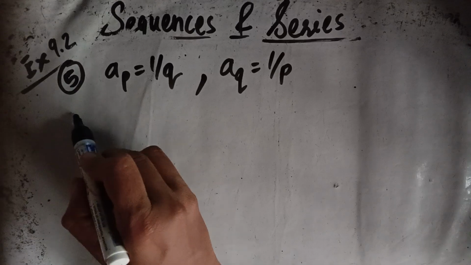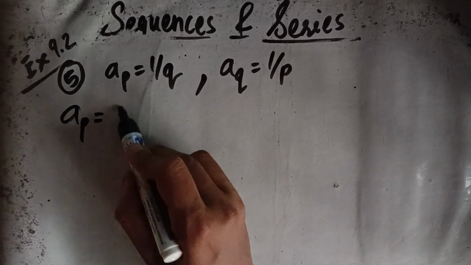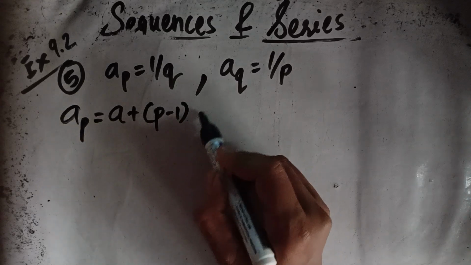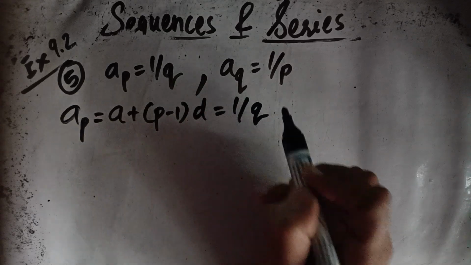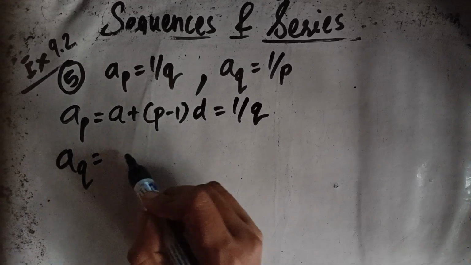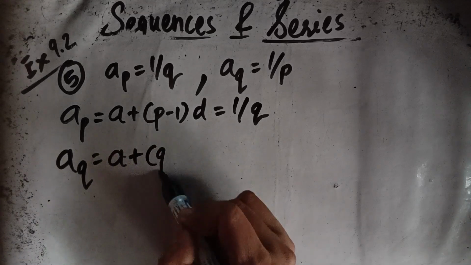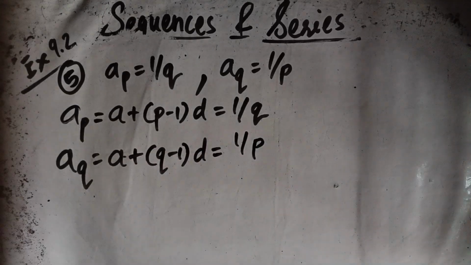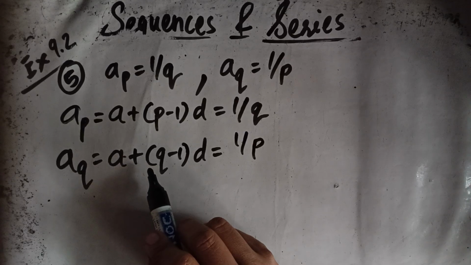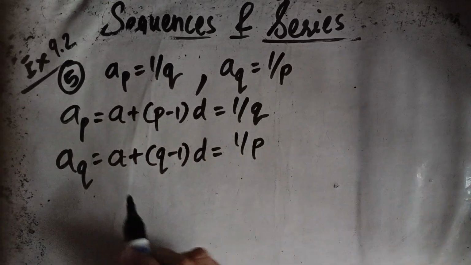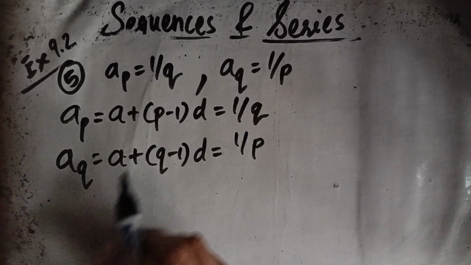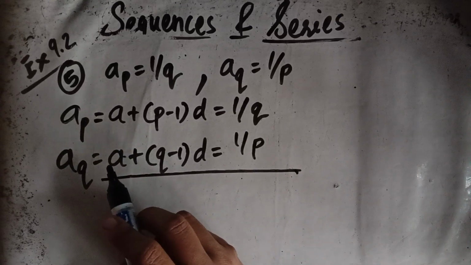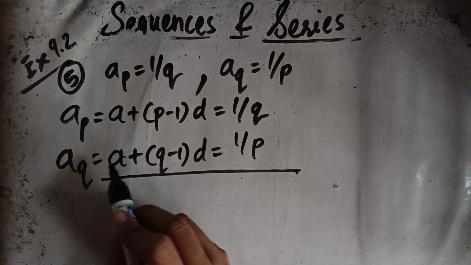So ap, how do we write? ap is a plus p minus 1 d, which is our 1 by q. What about aq? a plus q minus 1 d equal to 1 by p. So if you consider p and q as numbers, you can find a and d, right? So if I take, say, add these two terms, or subtract.